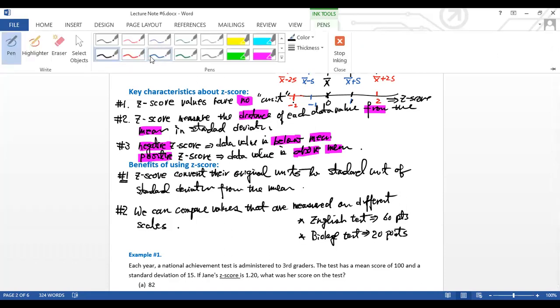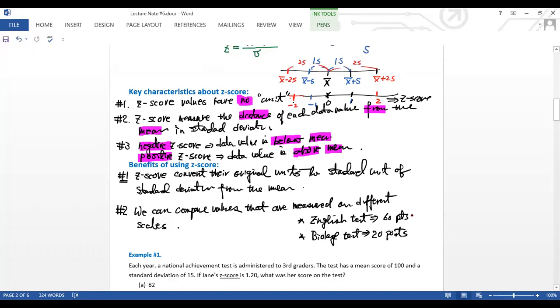All right. So now if you say, okay, I got 48 points in my English test, and then I have 16 points on my biology test. Compared to the whole class, which one do I stand better in?